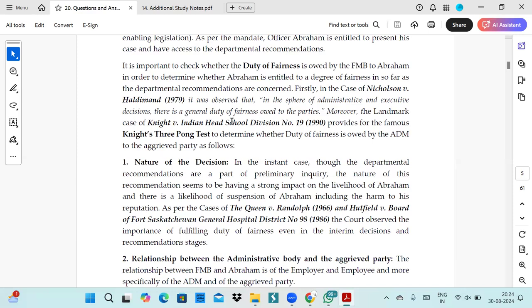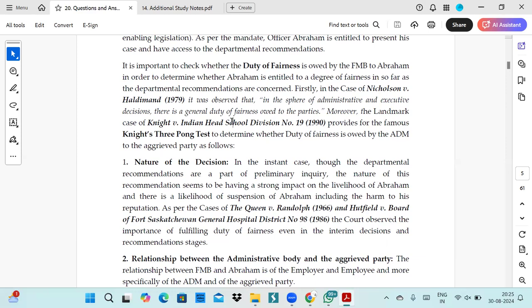And you talk about Nicholson, because Nicholson is the one where they began to say that administrative and executive decisions also should have some sort of duty of fairness in them. So that's where we start. Then we go to Knight's 3-prong test, because that's where they gave us the 3-prong test, which decides whether duty of fairness is required or not.